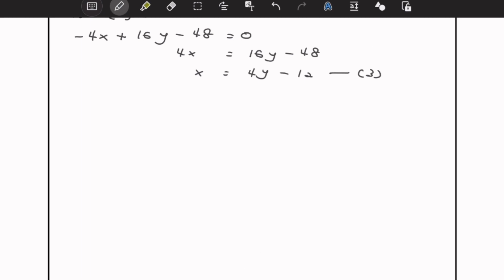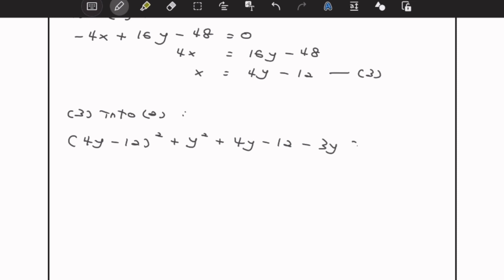I decide to substitute equation 3 into equation 2. So I will have (4y minus 12) squared plus y squared plus 4y minus 12 minus 3y equals 0. Expand (4y minus 12) squared.